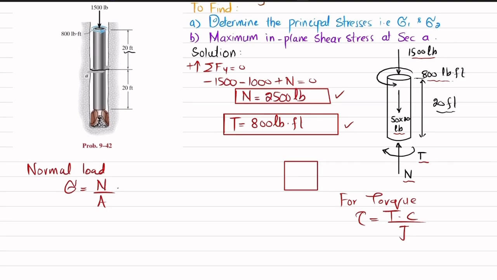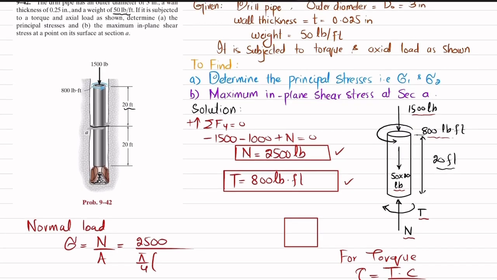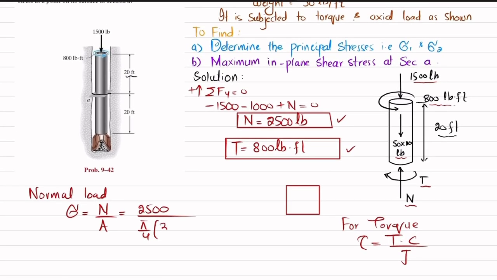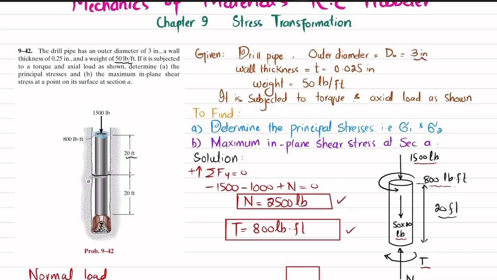So first we will calculate it. N is 2500, so 2500 divided by area. The area of this circular hollow pipe will be equal to pi by 4 d outer square, so d outer is 3 inch, so 3 squared, minus d inner squared. The thickness is 0.25.